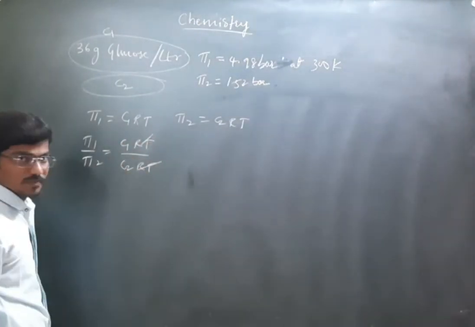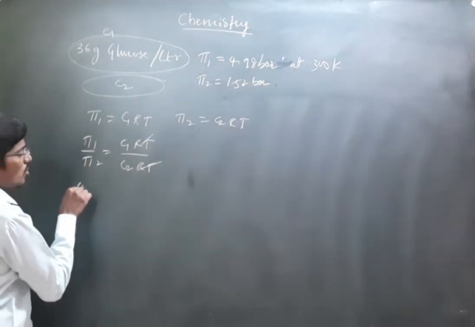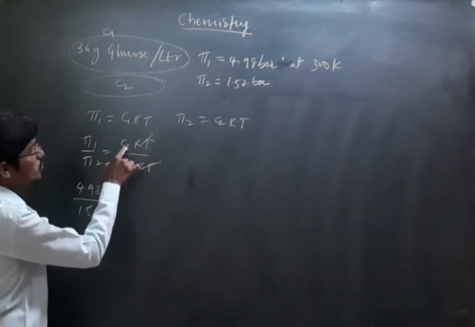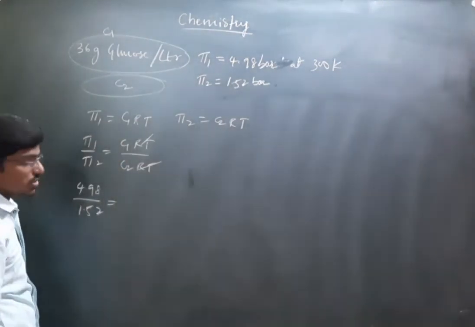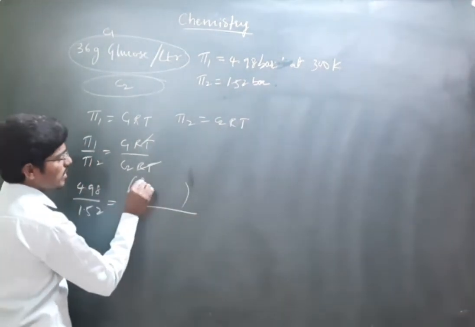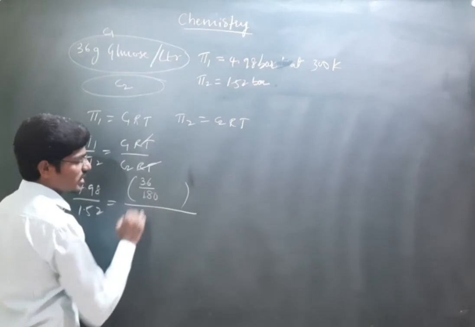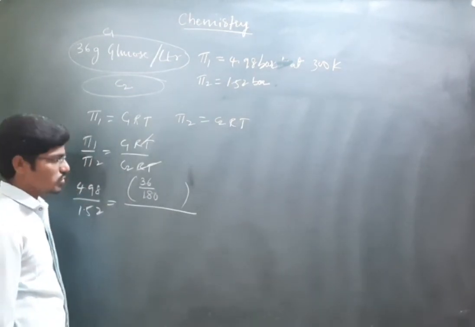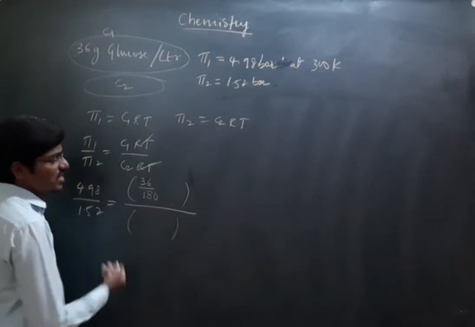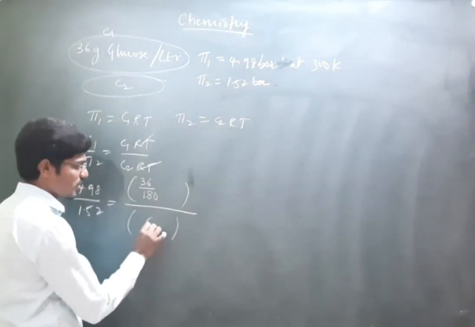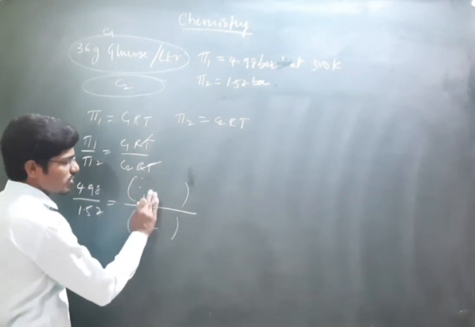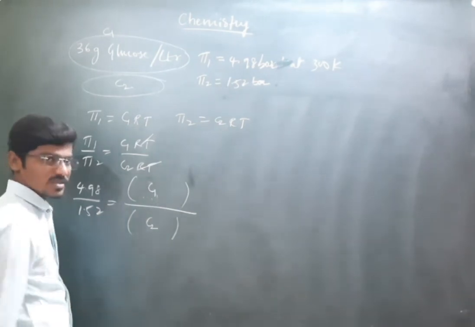RT gets cancelled. The pi 1 value is 4.98 divided by 1.52, which equals C1 over C2. C1 is the molarity: given mass 36 divided by 180, divided by 1 liter. The second solution's concentration I don't know, so I am writing it as C2.